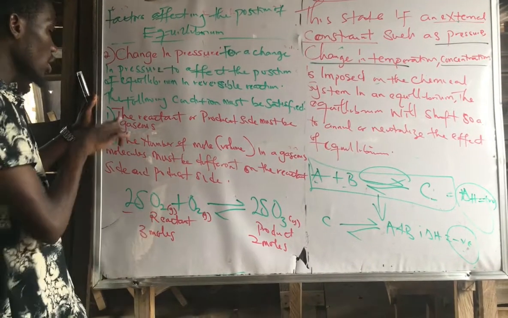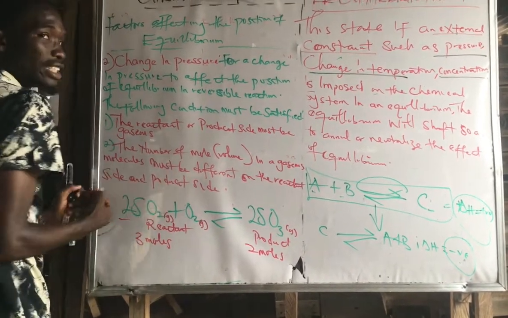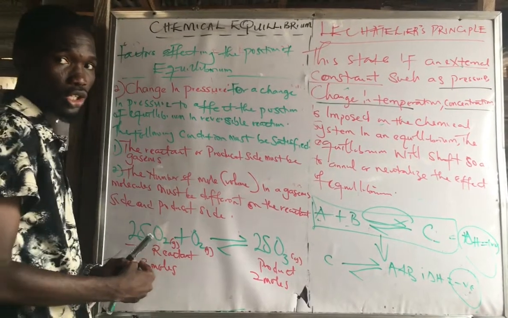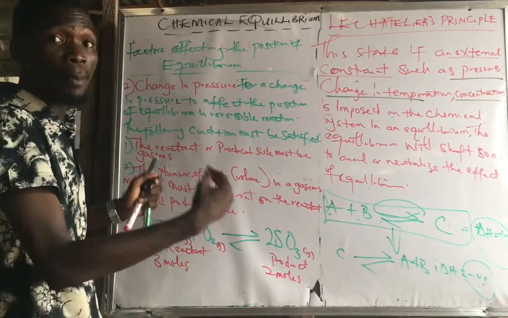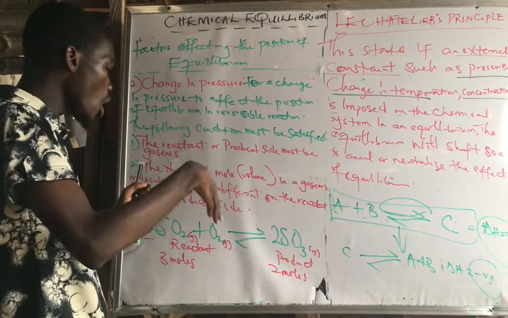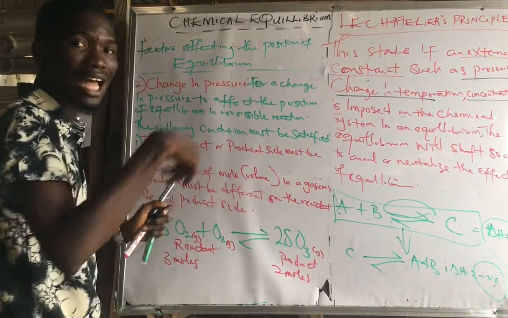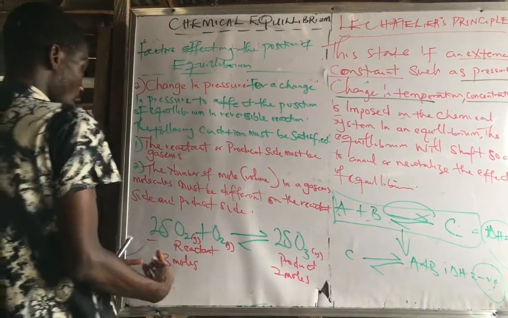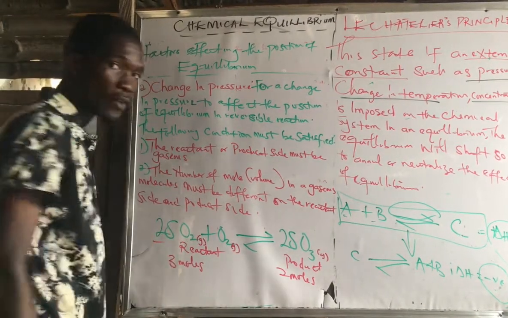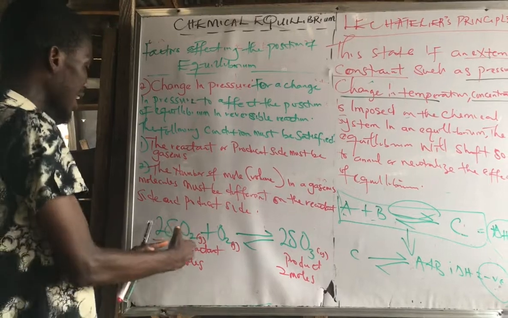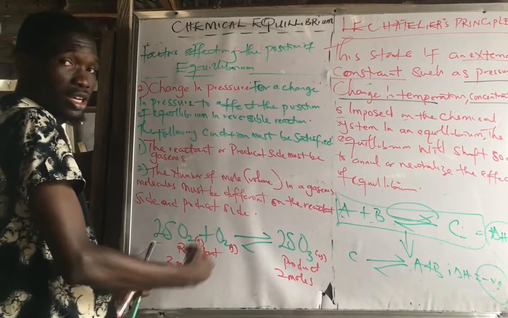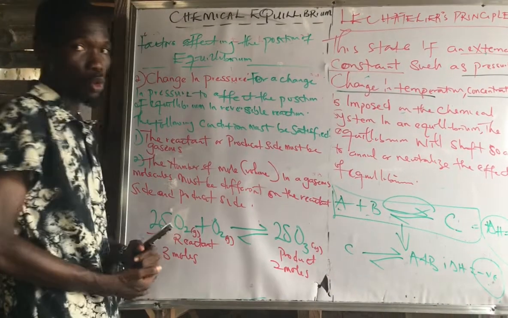So the first one is reactant side and product side must be gaseous. While the second one is the number of moles of the gaseous molecules must be different on the reactant side and that of the product side. So now at the left hand side I have 3 moles, at the right hand side I have 2 moles.